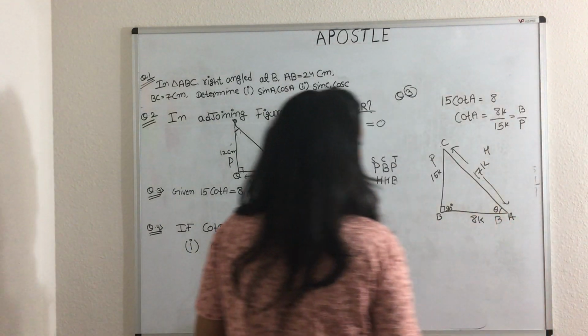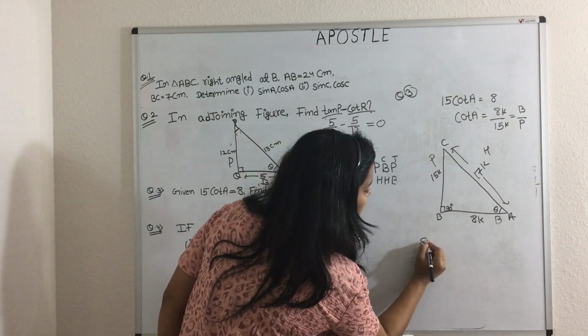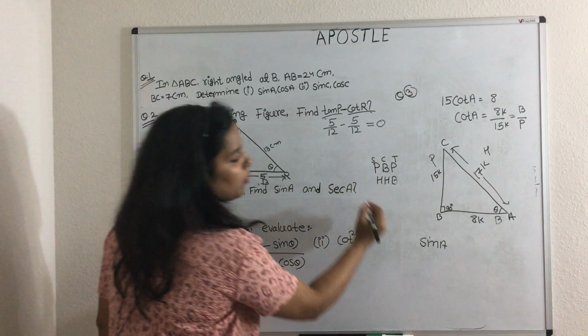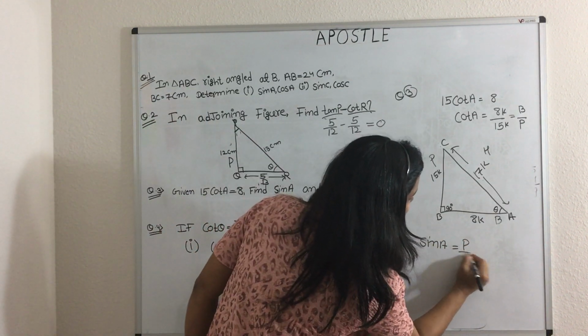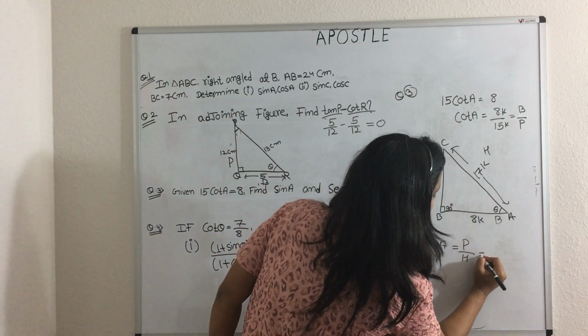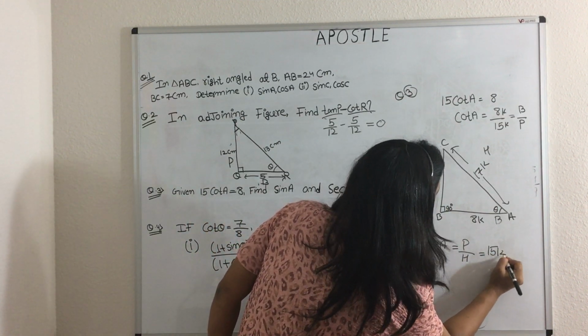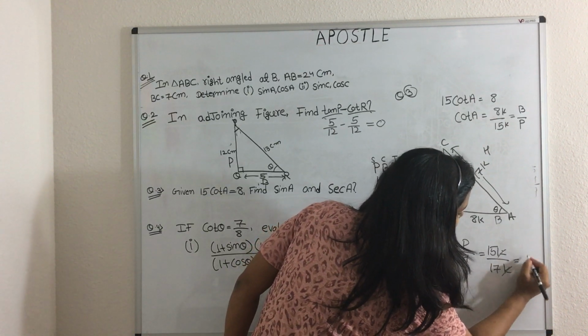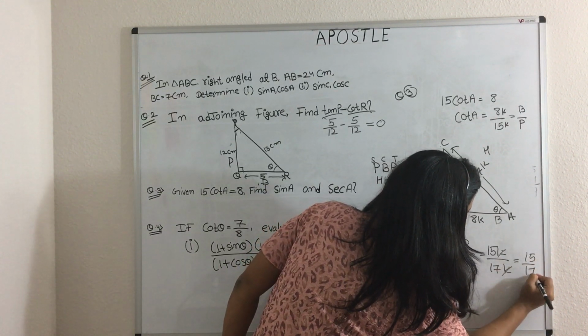Now, what is the value of sin A? We know that sine is perpendicular upon hypotenuse. So according to this question, what is the perpendicular? Perpendicular is 15k and hypotenuse is 17k. So we can cancel k with k and our answer is 15 upon 17.